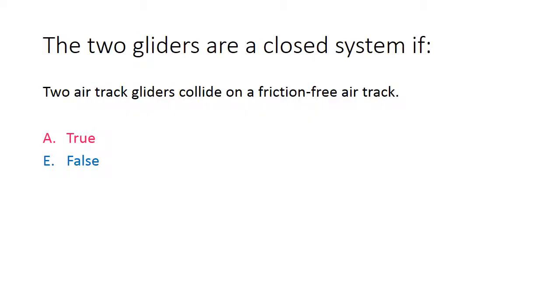And your final one, if two gliders collide on a friction-free air track, so that's like an air hockey table, there's no friction with the surface. This was a true-false that the two gliders are a closed system. In this case, I think the answer is true, because they're the only two things interacting.